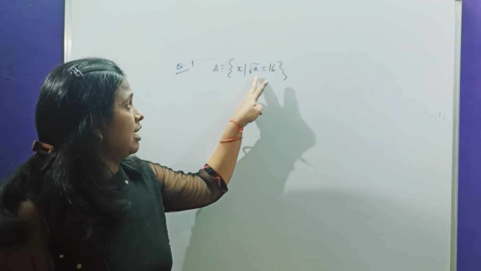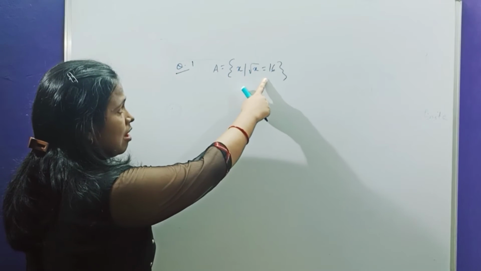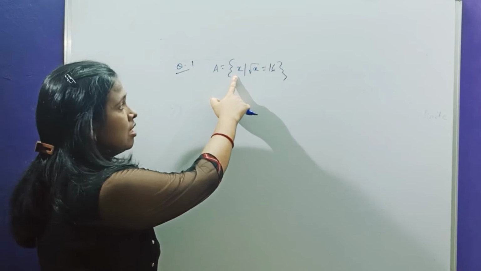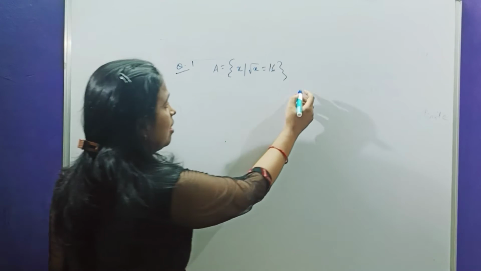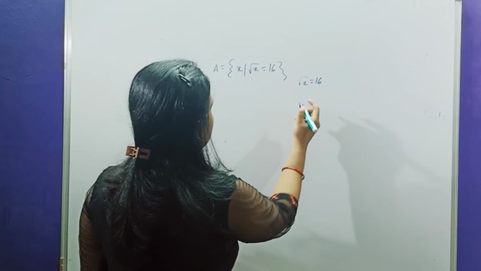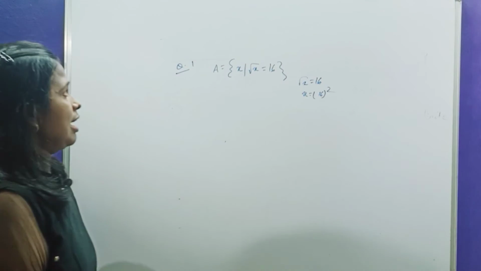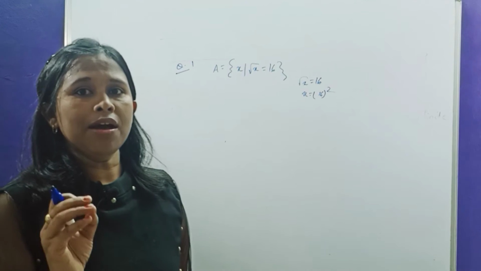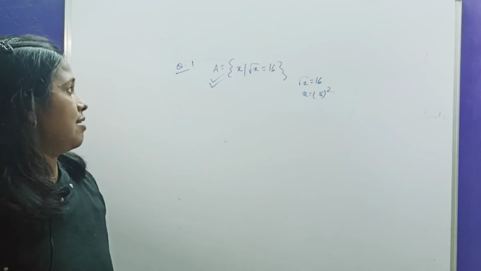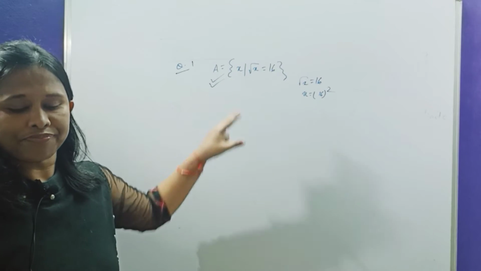You know that the elements are in x only, as I told you in my last class. As the condition given is root x equals 16, you take the square of 16 to get the value of x. So there is only one number present, and this must be a singleton set because only one number, the square of 16, is present in the set.